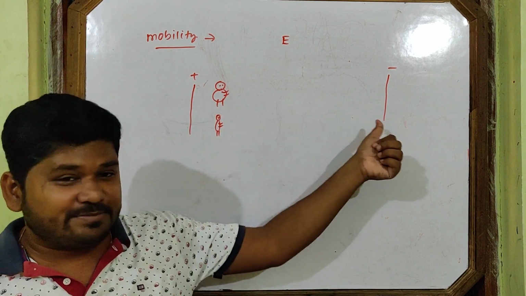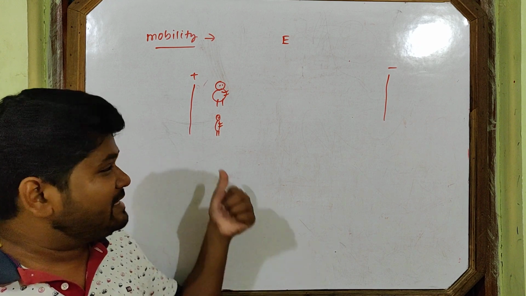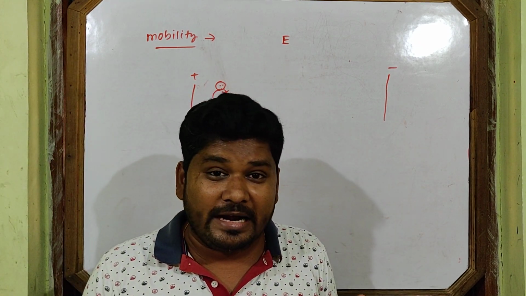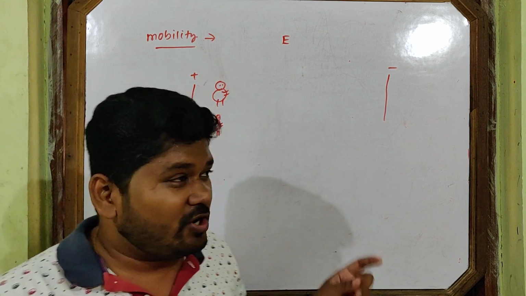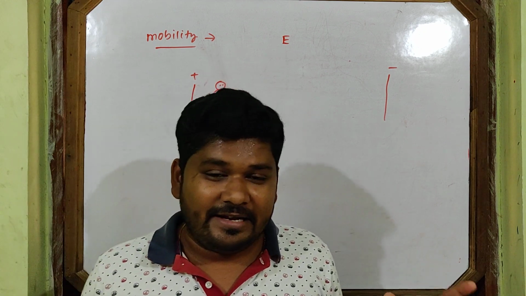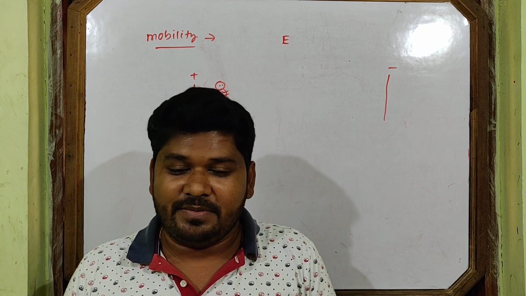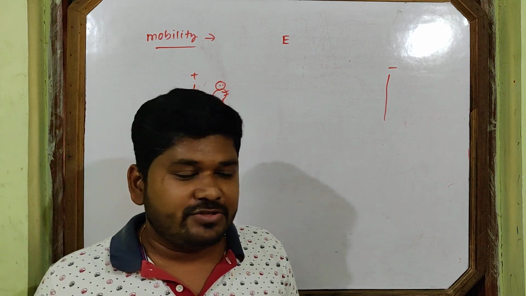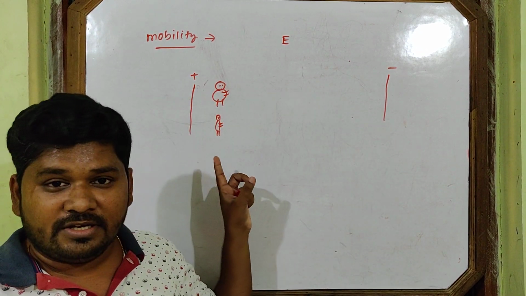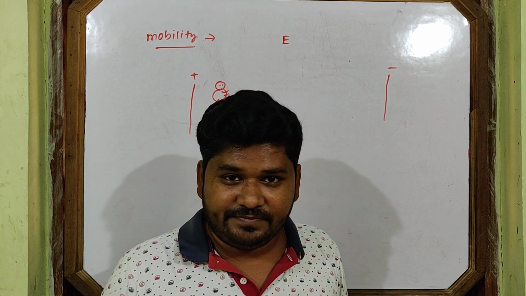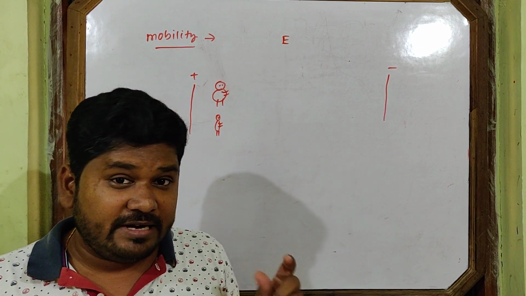If I do the race between them, which will gain more drift velocity? I will not take only one proton and one electron. I will take a large number of protons and a large number of electrons, separately. When they move, they will collide with each other like this. Then I will find the drift velocity.